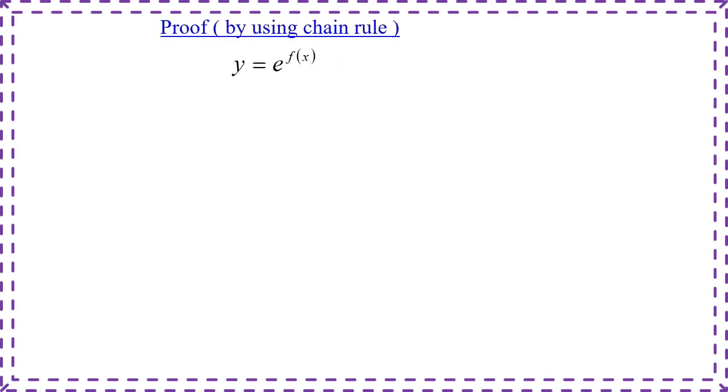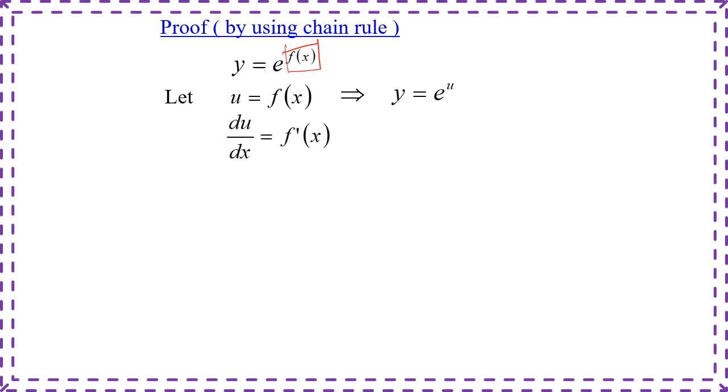Oh, sorry, this is the proof. By using the chain rule, let's say we have y as a function of x, where y is equal to e to the power of f(x). If we let u equal to the function f(x), then y is equal to e to the power of u. Then we differentiate u with respect to x, which is f prime x.